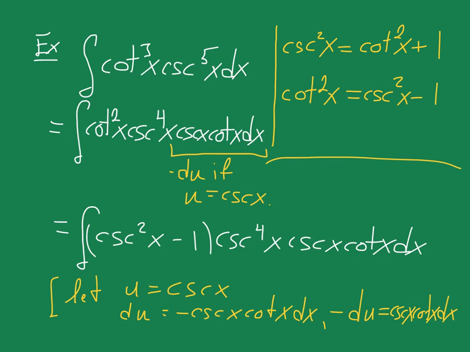So we can replace this here by minus du, and here we have a u, and here we have a u as well. Okay, so now we can write everything in terms of u. That's good.